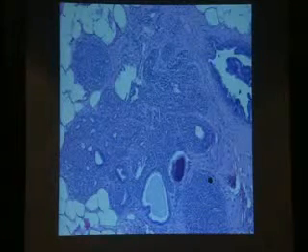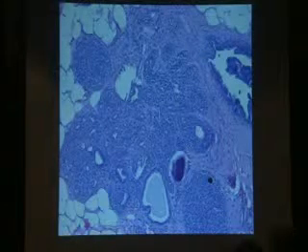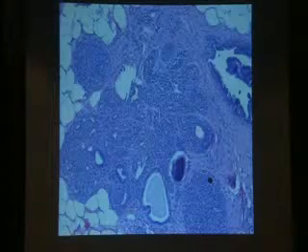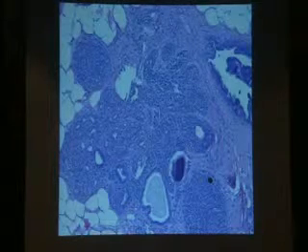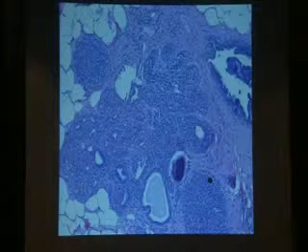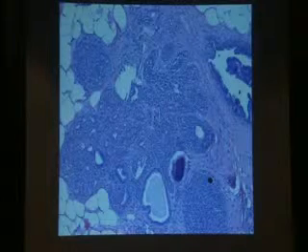In that, I personally use E-cadherin staining more frequently than any other stains in breast pathology, especially when you have these intraductal carcinoma cells involving lobular units.